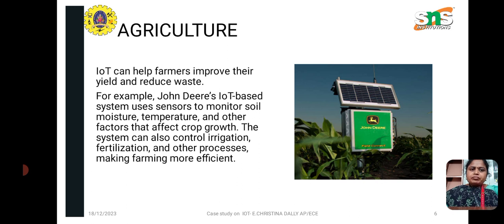We have to see how the soil moisture and temperature are, and whether the temperature will affect the growth of the crop or not. We also see how to control irrigation and fertilization. Here we are using sensors, and with their help we can easily monitor the exposure, that is moisture, temperature, and so on.